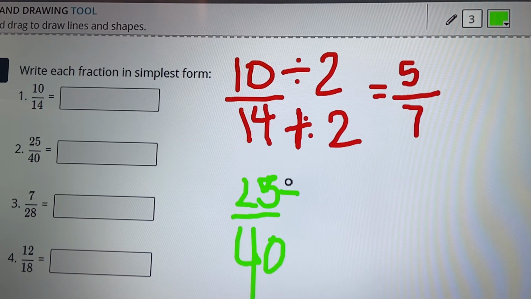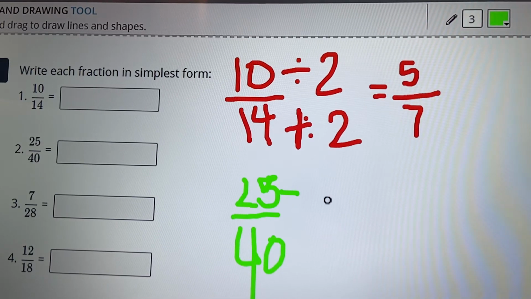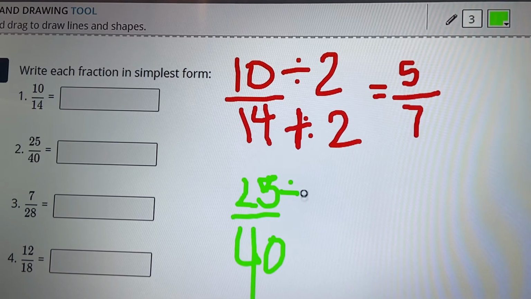So I'm going to divide both of them by 5. Oh, y'all, this is terrible. Let me get rid of that. Okay, so I'm going to divide by 5. And I'm going to take 40 and divide by 5.